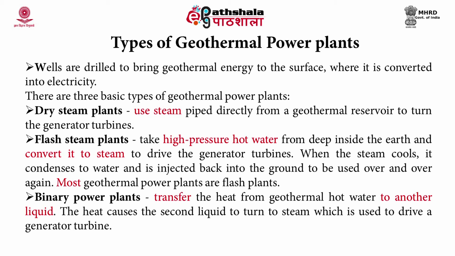When the steam cools, it condenses to water and is injected back into the ground to be used over and over again. Most geothermal power plants are flash plants. The third type, binary power plants, transfer the heat from geothermal hot water to another liquid. The heat causes the second liquid to turn to steam, which is used to drive a generator turbine.